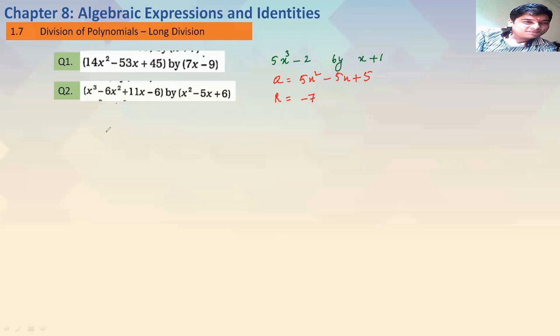Just try to understand what I'm trying to do. Although you may be correct, I'm not saying you are incorrect. I told you the standard form of writing a polynomial: the missing terms must be written in between. For 5x cubed, we don't have an x squared term, so I'm introducing it.